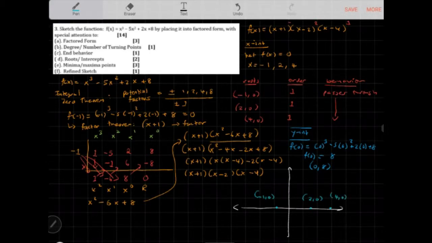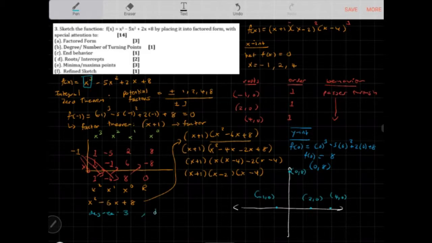Okay, and now your y-intercept is 0 and 8, so let's place that here, right? And because we understand that the leading term of our function is x cubed, the degree of our function here is basically 3.